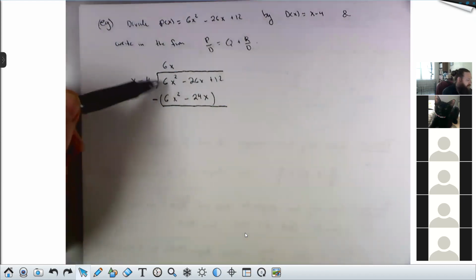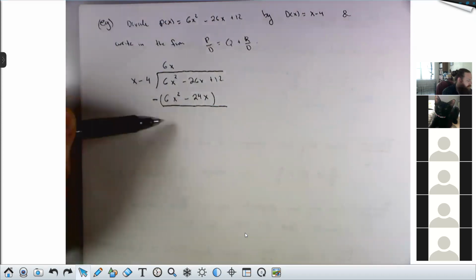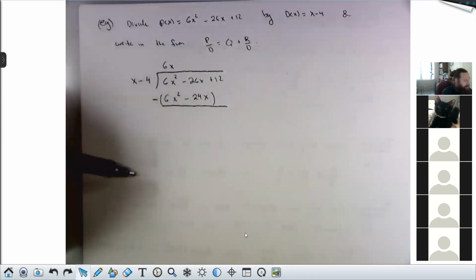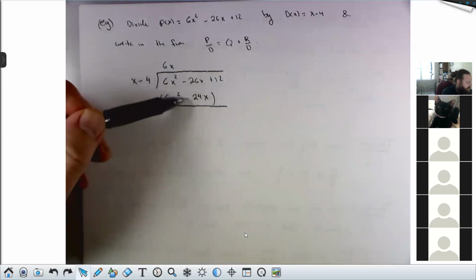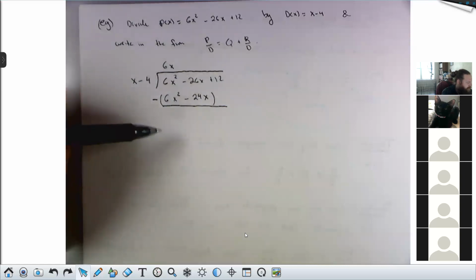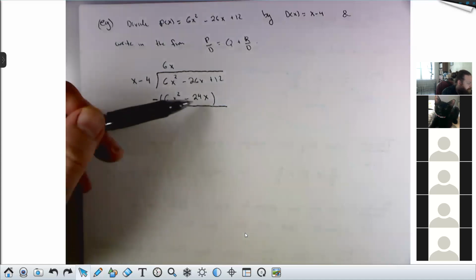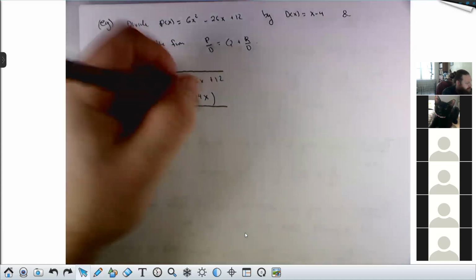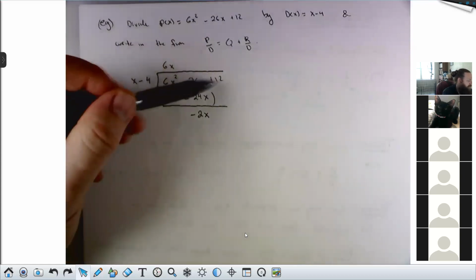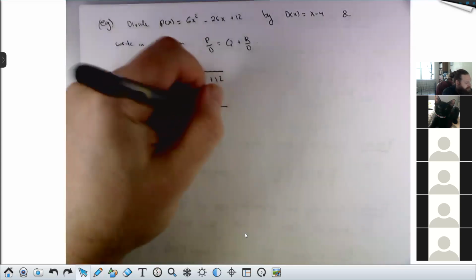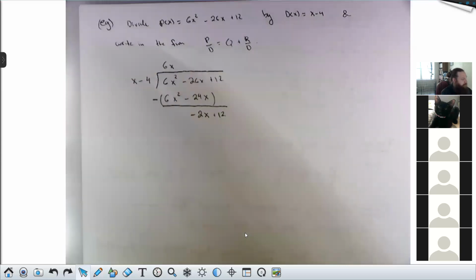And then you go through like this. 6x squared minus 6x squared is 0x squared. Negative 26x minus negative 24x is negative 26x plus 24x, which is negative 2x. And then you've got a plus 12 here. There's nothing to subtract from that, so the 12 comes down. Everybody with me so far?